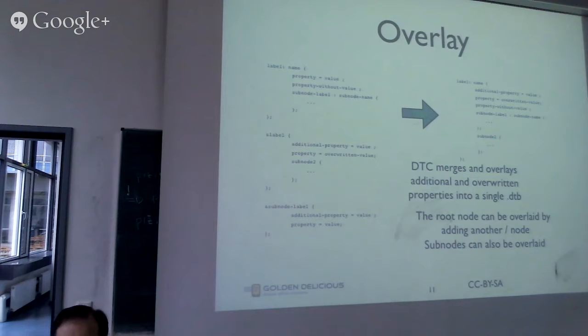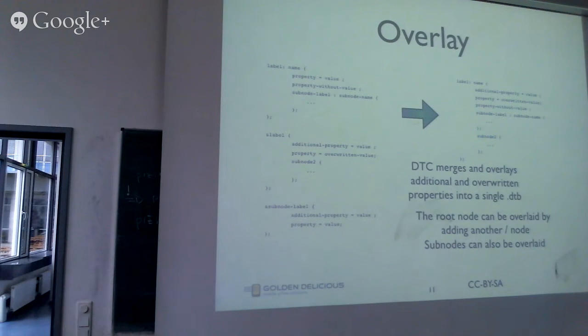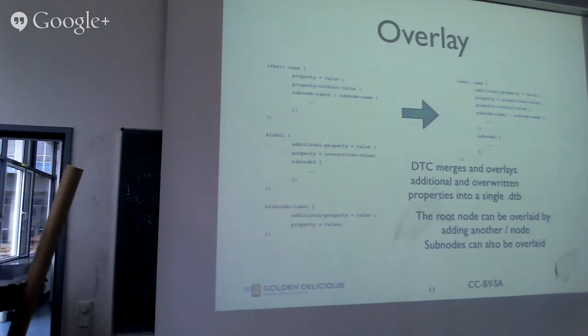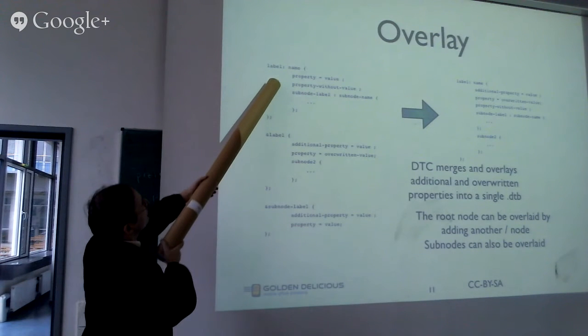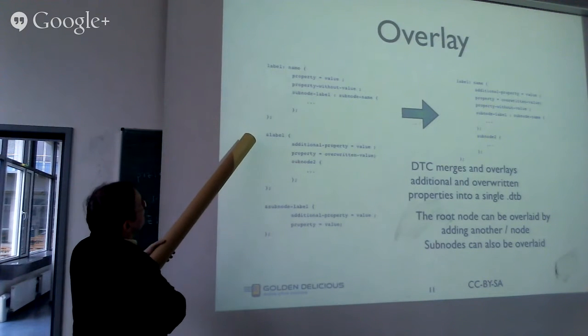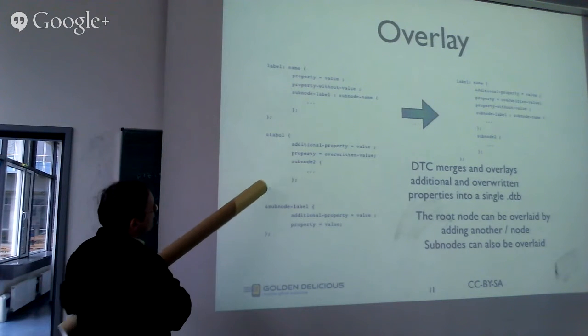So the basic idea is, let me use this again as a pointer, you start with some node with properties, and then you use the label to start an overlay.